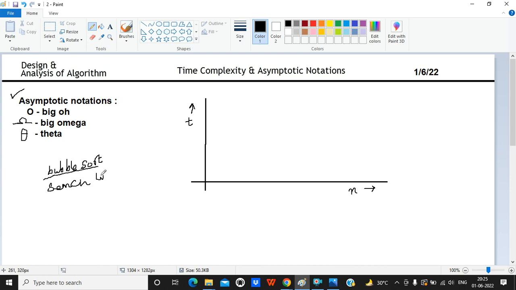So these are the algorithms. Now suppose I am taking this search algorithm. I have one element to be searched, comparing with all the elements.